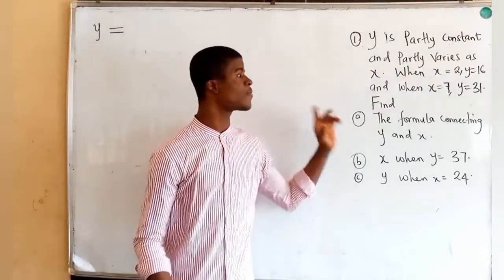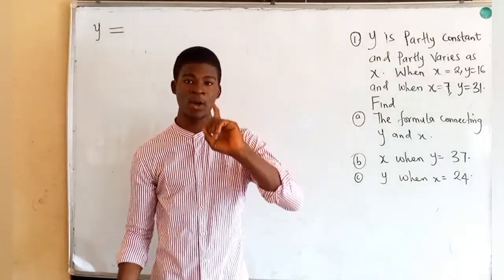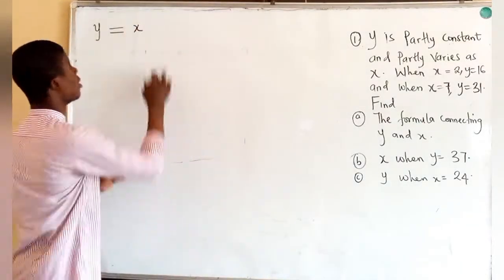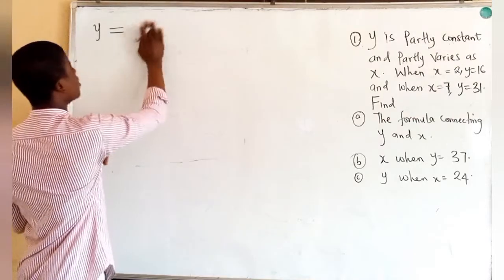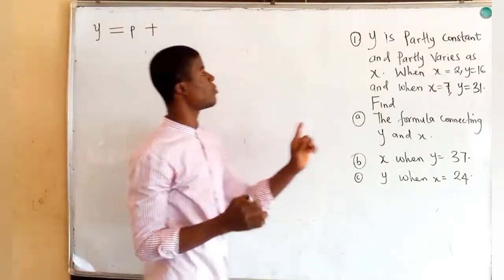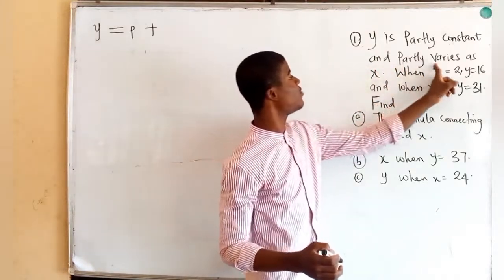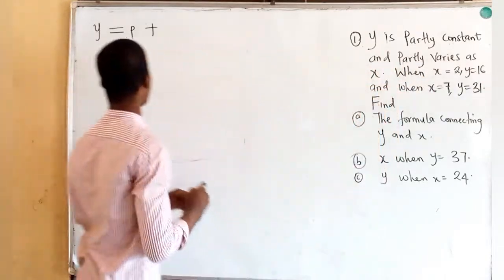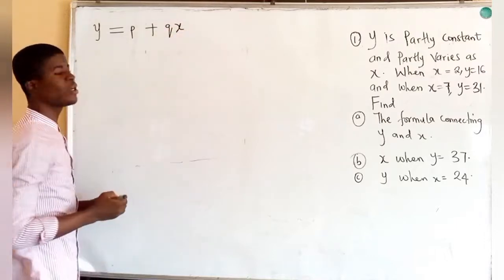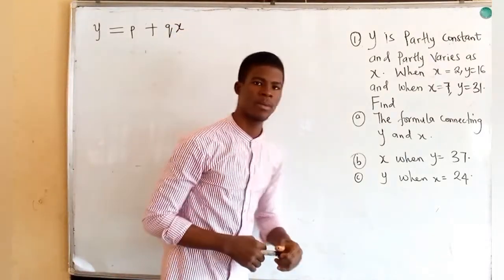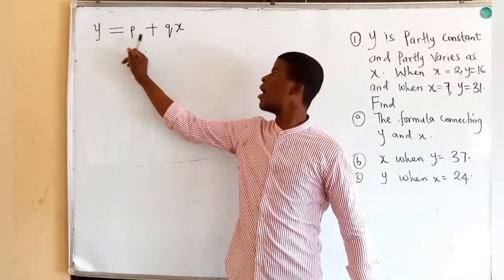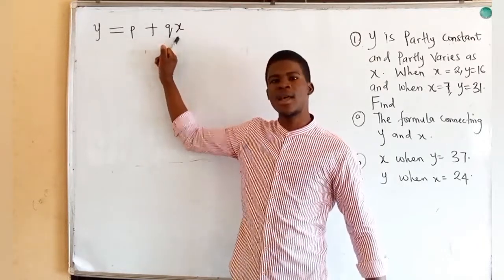So in this case, one of the quantities is a constant. Let's call the first constant P, plus the second, which partly varies as x. So we have another constant, let's call it Q, which will multiply the second quantity. So y equals P plus Qx.